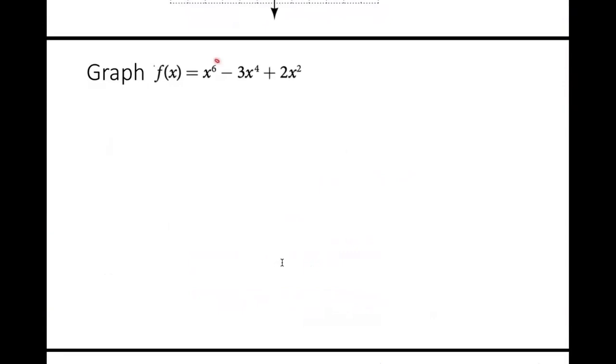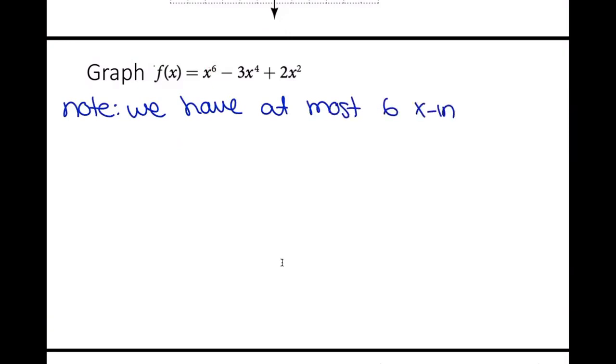This is a degree 6 polynomial, so I should be expecting at most 6 x-intercepts. Note, we have at most. And again, we want to graph this without a graphing calculator. We want to graph this with all the things we know.